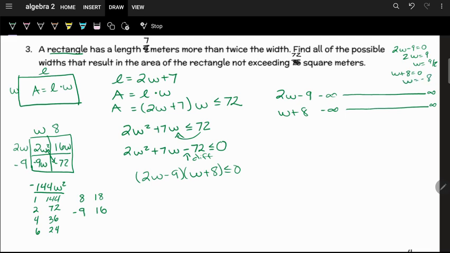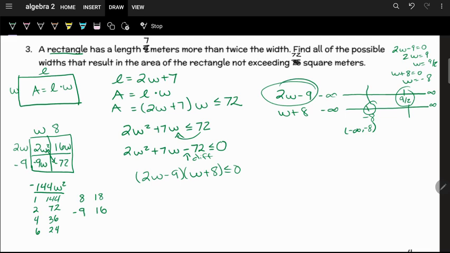Negative 8 is a smaller number, so we're going to put that here, break up our number line, and then we'll have 9 over 2. I'll break that up here. So in between negative infinity and negative 8, let's do all of our signs first.